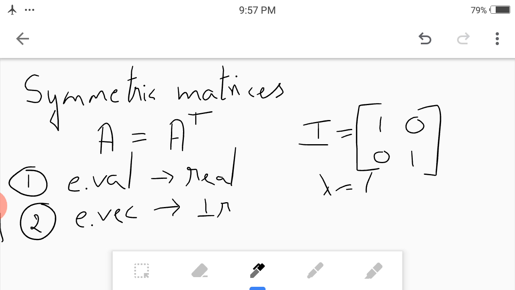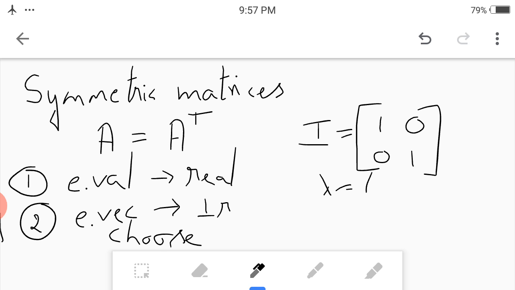But any two vectors need not be perpendicular, right? So what we mean by eigenvectors being perpendicular for a symmetric matrix is that we can choose the eigenvectors such that they are perpendicular. For a 2 cross 2 identity matrix, you can choose two vectors from the plane such that they are perpendicular to each other.